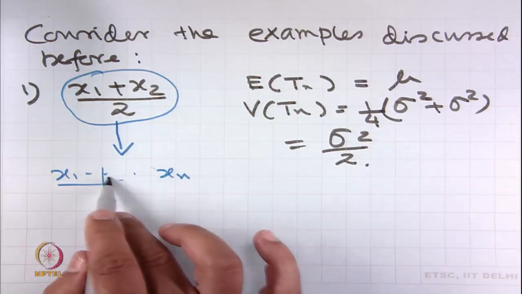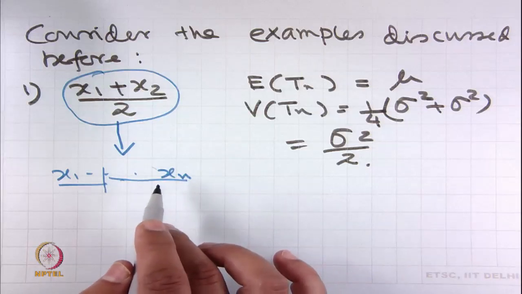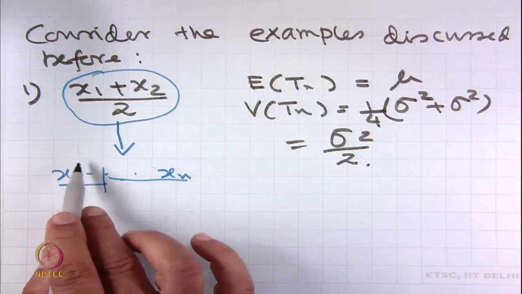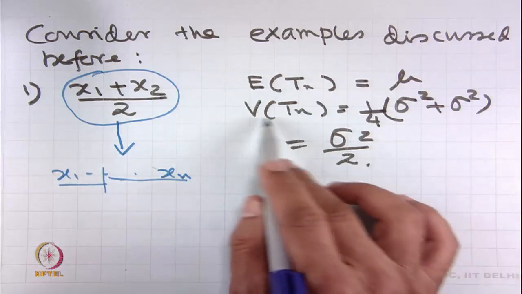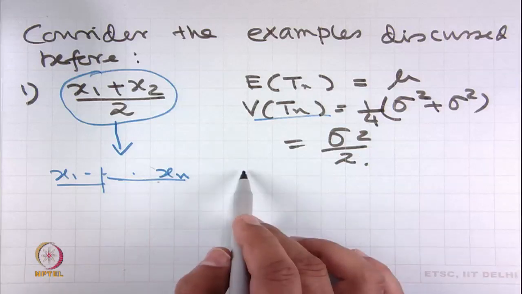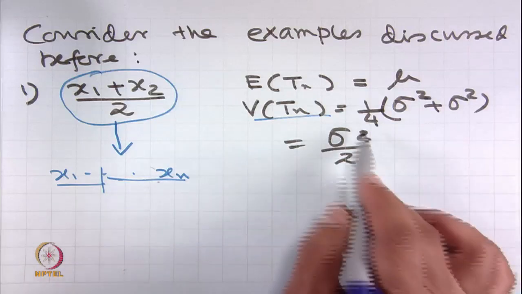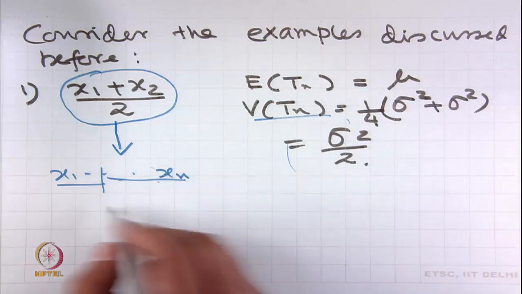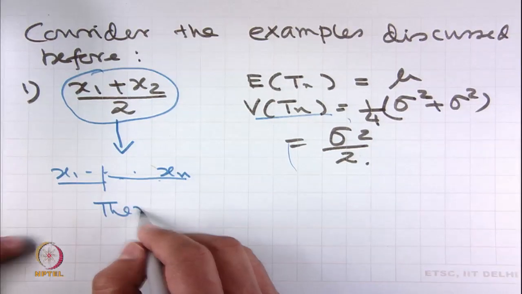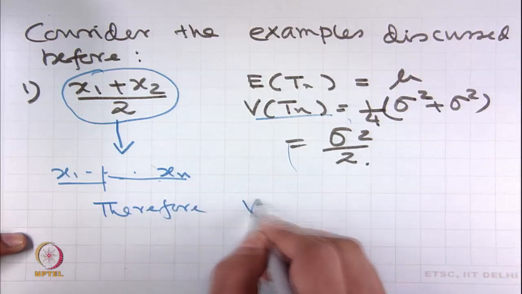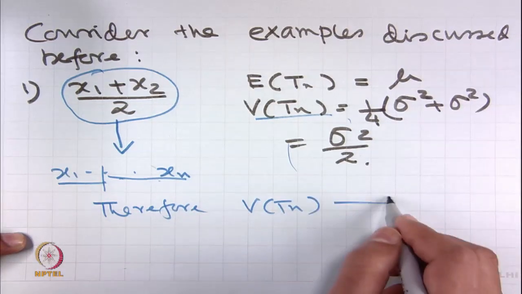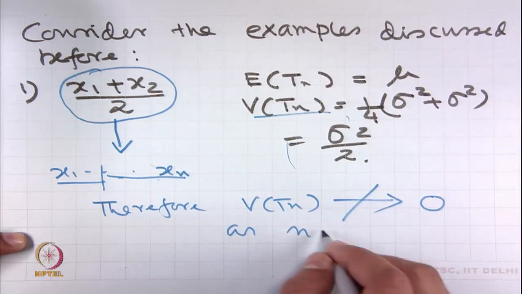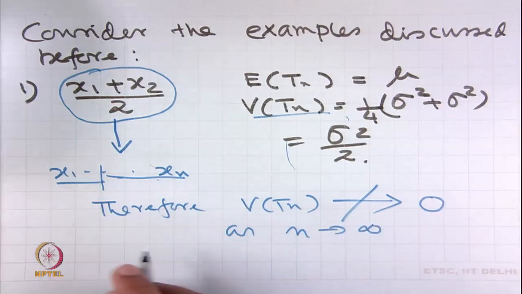Actually, here we are not using the remaining samples. Therefore, the variance of T n will not change even if we take many different samples. It will remain sigma square by 2, and therefore the variance of T n does not go to 0 as n goes to infinity.